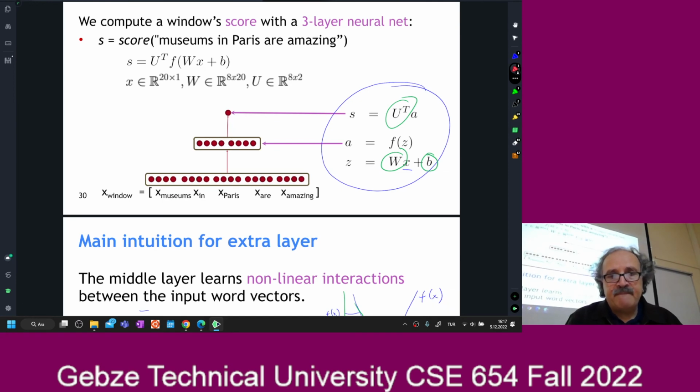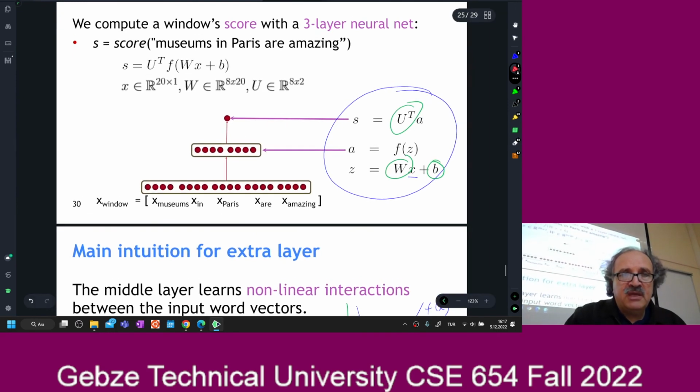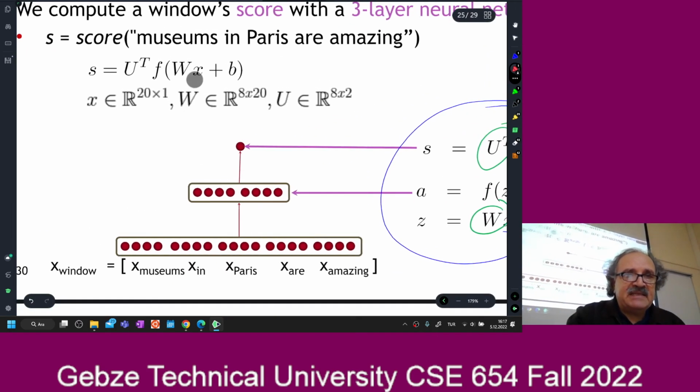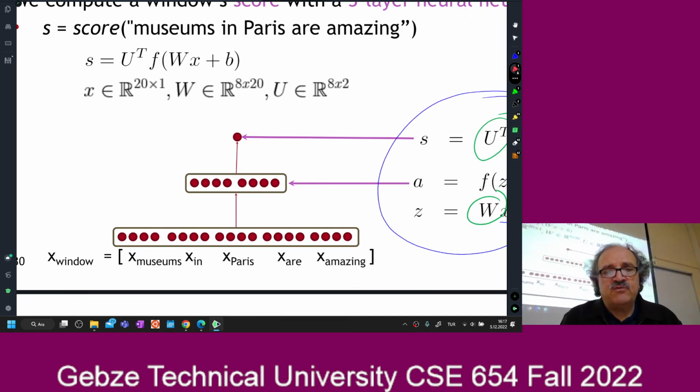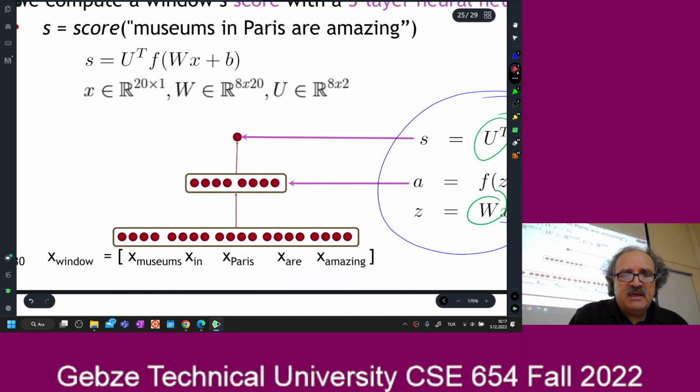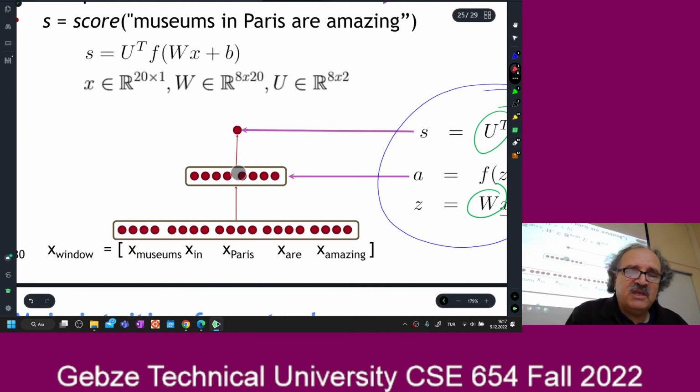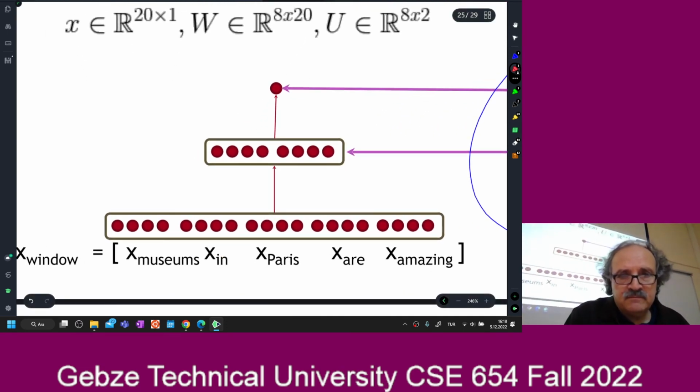Okay, let's try to see what we are doing here. X is my input. I am going to multiply X with a W. So tell me what is the size of W? My input is going to be a 20-dimensional vector, and each of those is connected to this one.